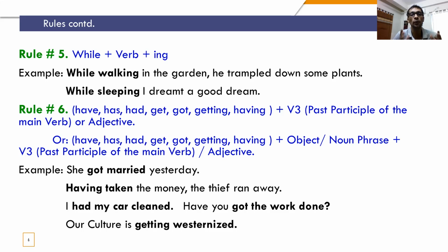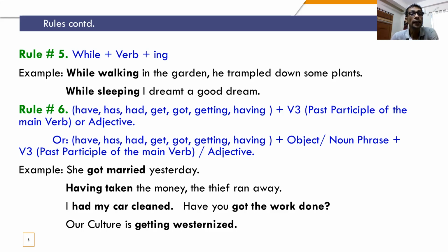I think you had better take special concentration on the examples because structures are a little bit more difficult for the students. So if you look at the examples, that will give you a very clear idea about the sentence.